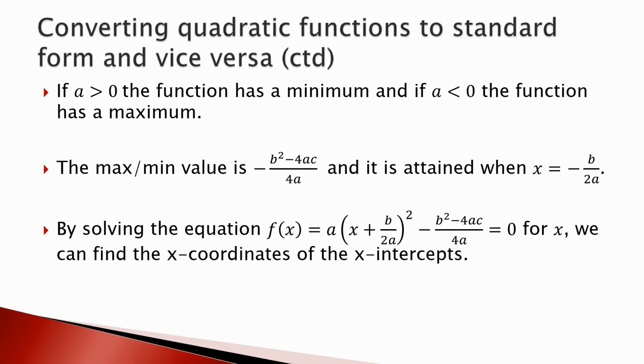So solving this equation for x, we can find the x-coordinates of the x-intercepts, and when we solve this equation for x, you will get the quadratic formula. The x-intercepts will exist only if you have real solutions for x in this equation.